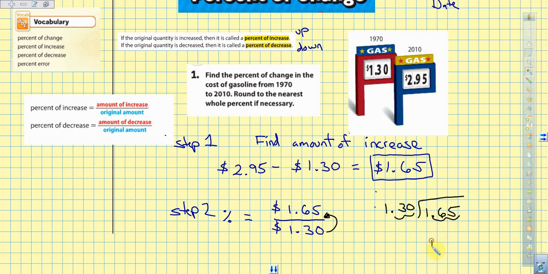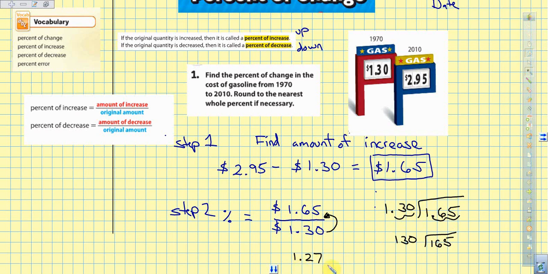So really, we're going to have 165 divided by 130. Go ahead and do that division, and what you're going to find is 1.27. You can see that it goes in one time.